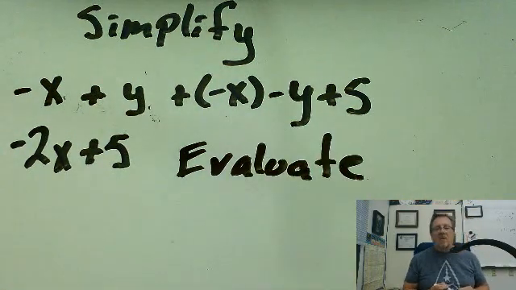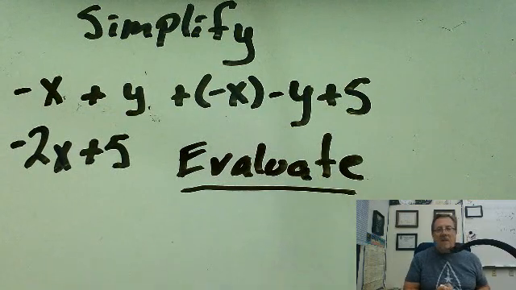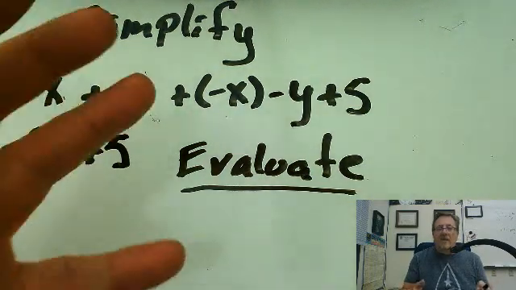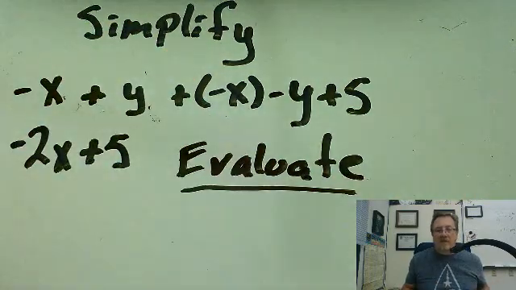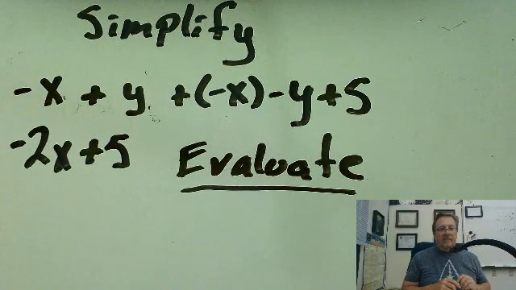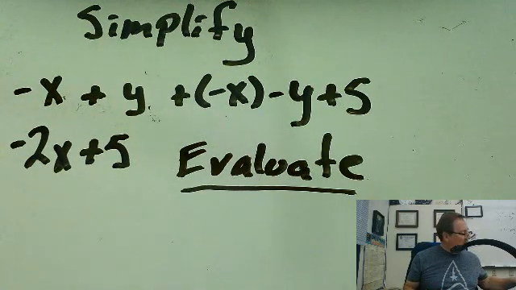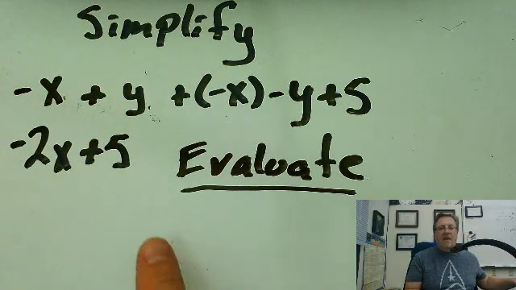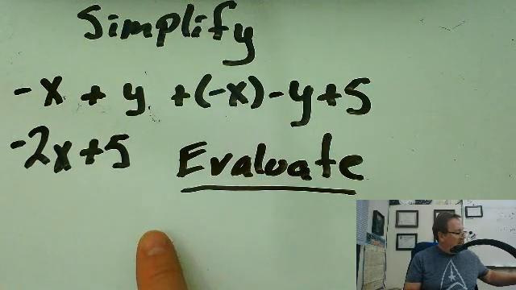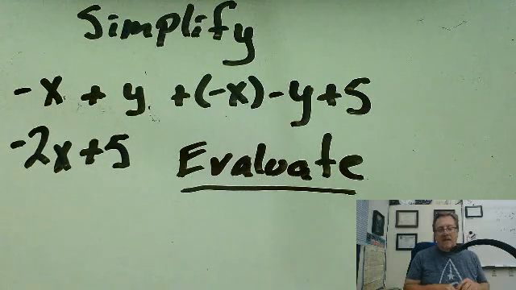What does the word evaluate mean? Evaluate means you're going to plug numbers in and actually perform the arithmetic that it asks. Okay? So, on number 17, since we have it up here, it says, what happens if x is negative 3 and y is negative 6?